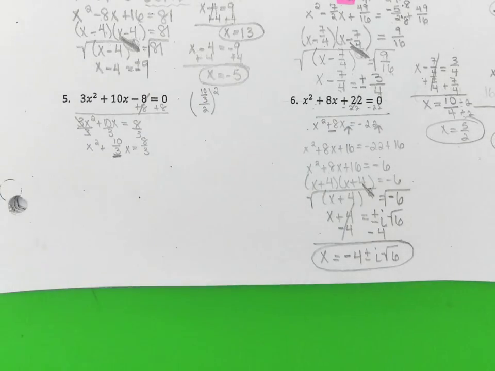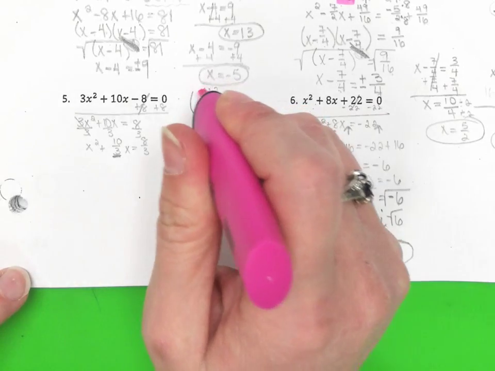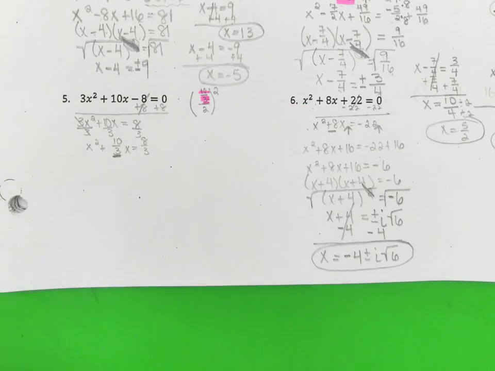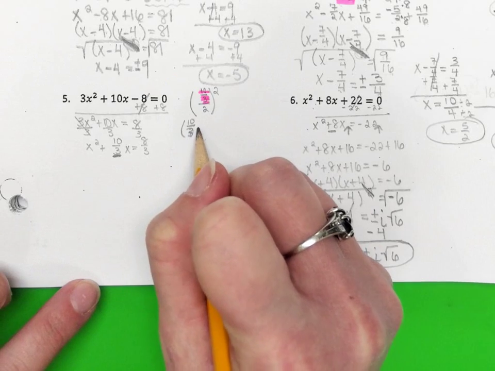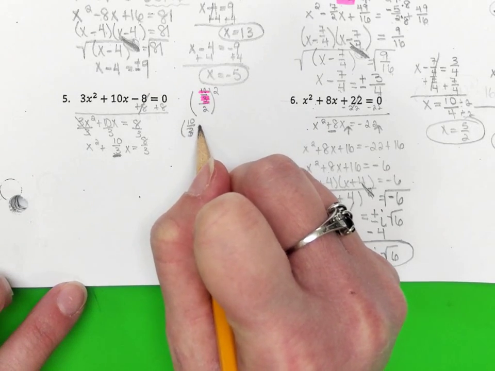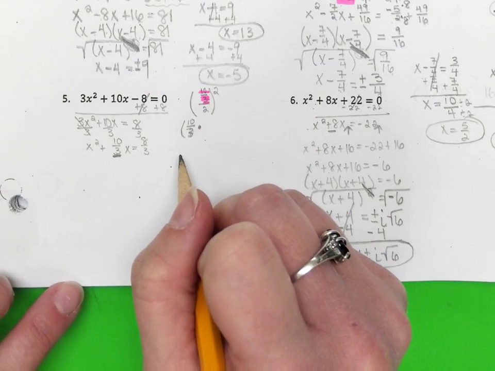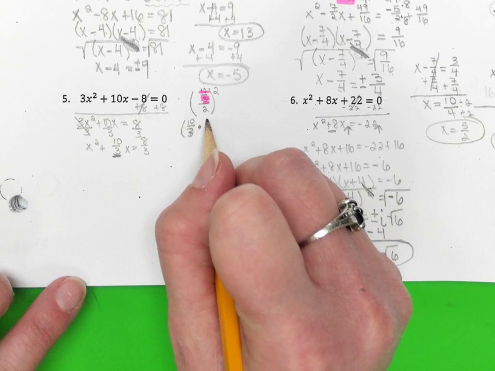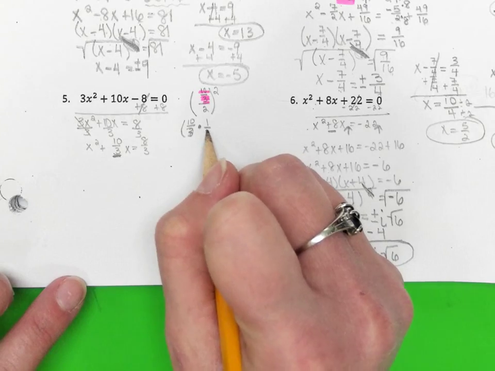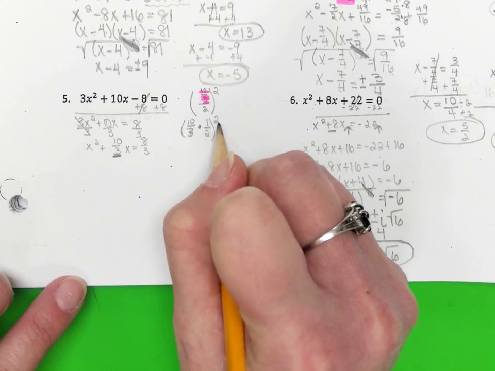What's the numerator? 10 over 3, right? I'm going to keep this little sucker right here. 10 over 3. And you switch the division and multiplication first. Then I switch the 2. How do I switch the 2? What's it become? 1 over 2.